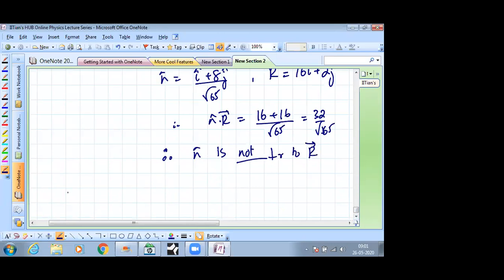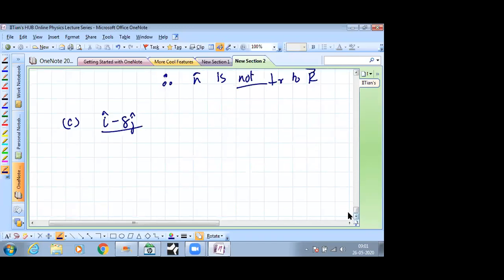So let's come to option 3 now. In option C, the given vector is i cap minus 8j cap divided by root 65. So let's check this. First of all, we can see that mod of i cap minus 8j cap divided by root 65 is 1. So yes, it is a unit vector.